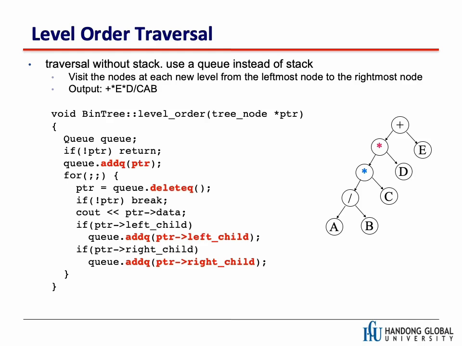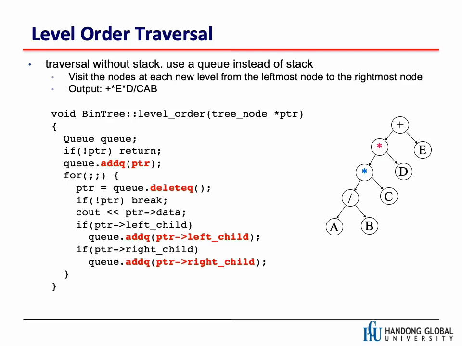It's not null, so we print out star, and then we check if the left child pointer is null or not. Since it's not, we add it to the queue, and the right child is pointing to D, so we add the pointer to D to the queue, and then we go back.